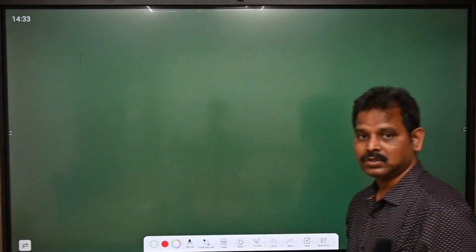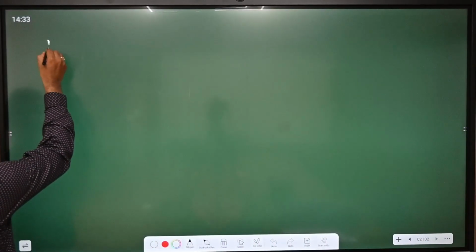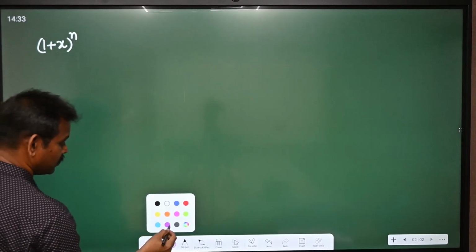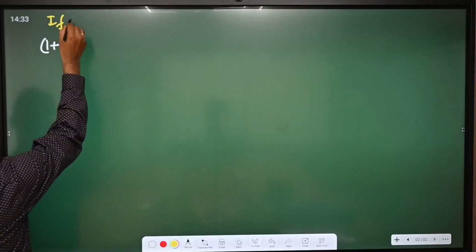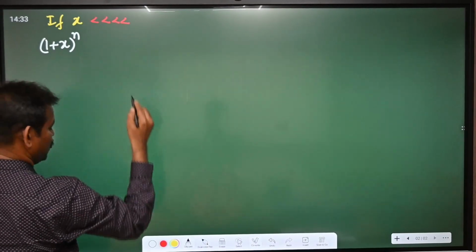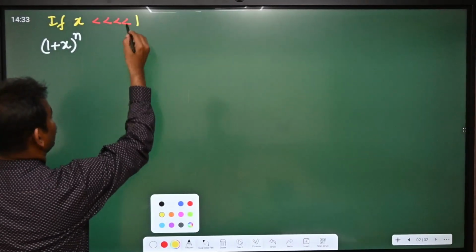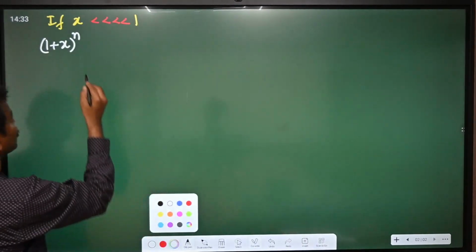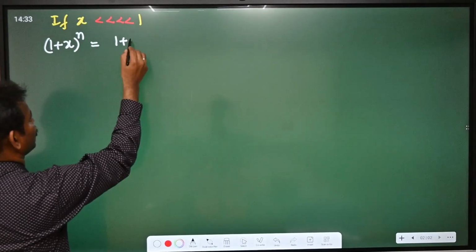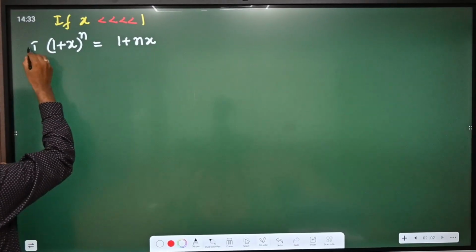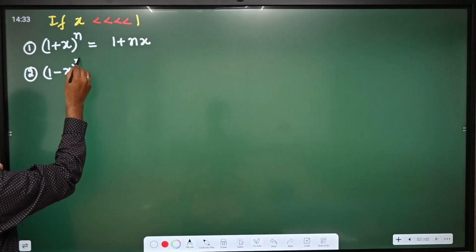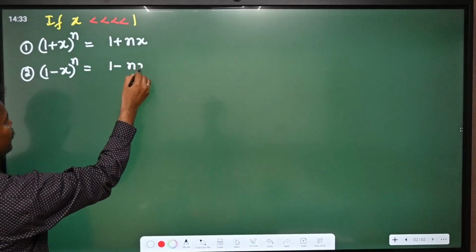Now, suppose you take (1 + x)^n and the first condition is if x is much smaller than 1, then (1 + x)^n will become 1 + nx. This is equation 1. Equation 2, (1 - x)^n is equal to 1 - nx.